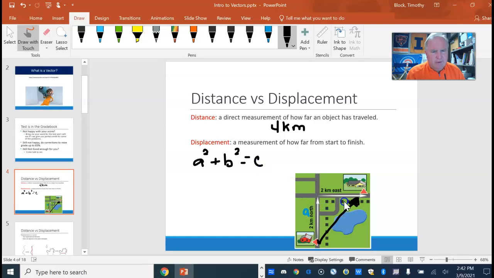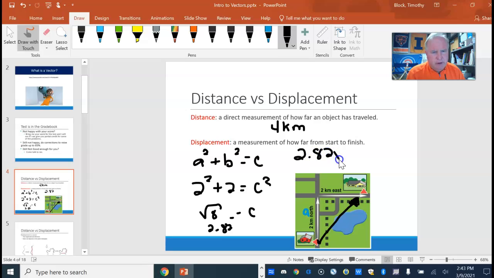All right, so to find this displacement vector's length in this problem, it would just be 2 squared plus 2 squared equals c squared, and so c ends up being the square root of 8, or 2.82. All right, so the displacement would be less. And we can see that in the picture. It's 2.82 kilometers. That's the difference between displacement and distance, and those two concepts will be tested for sure on a quiz and then again on the test. So you need to know the difference between those two.